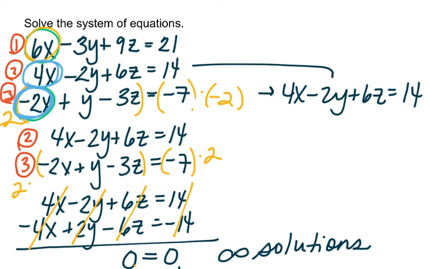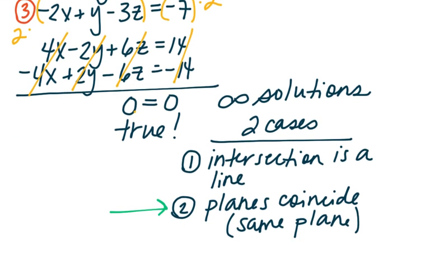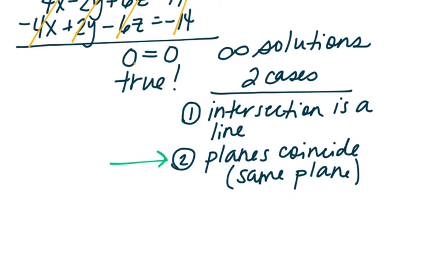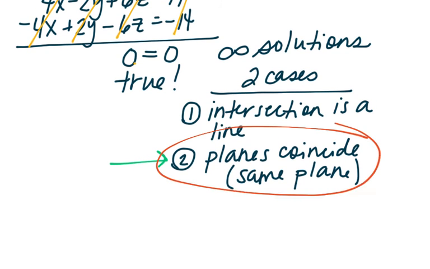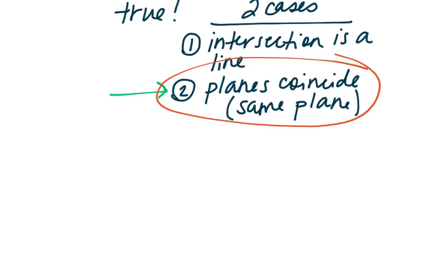And you'll notice that that's exactly what the second equation is. So the second equation is just a multiple of the third equation. So this tells you that these three equations are actually equivalent. And that means that it is the second case here where the planes all coincide. In other words, they are the same plane.